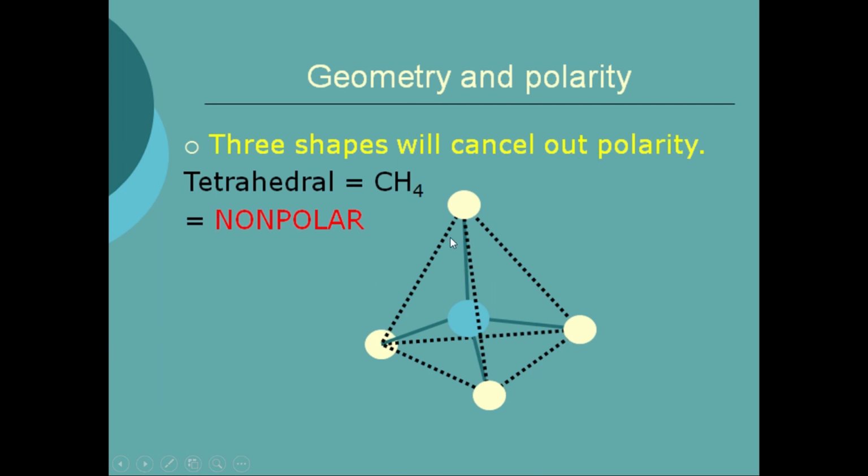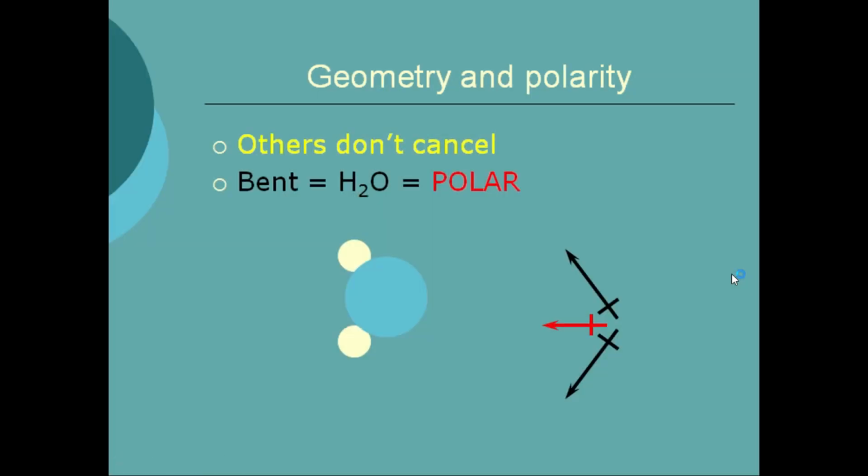Take note, class. The bond between carbon and hydrogen is polar. But because of the direction of the dipole moment as a whole in this molecule or compound, it will cancel out. So as a whole molecule, it's a nonpolar molecule. Again, we know this before. Now, geometry is bent: H2O is polar.